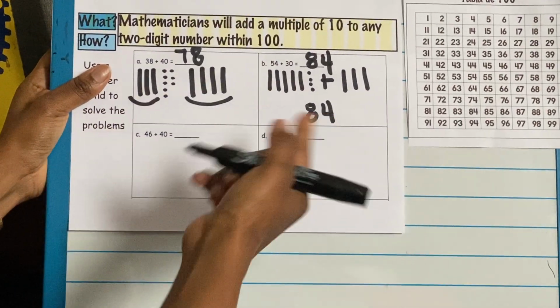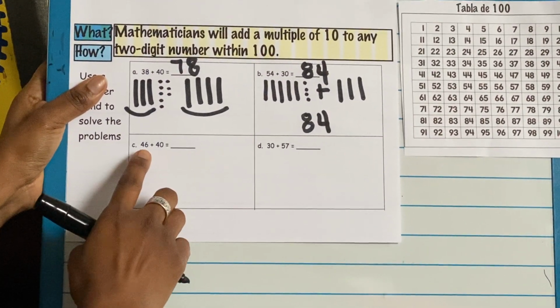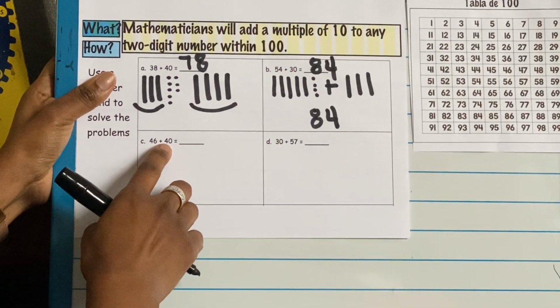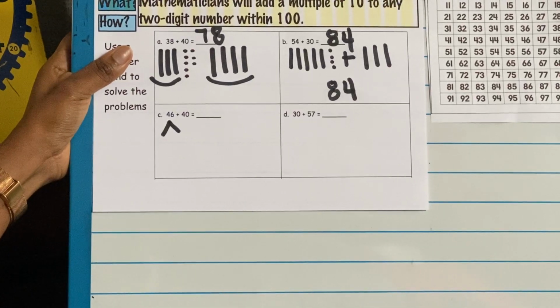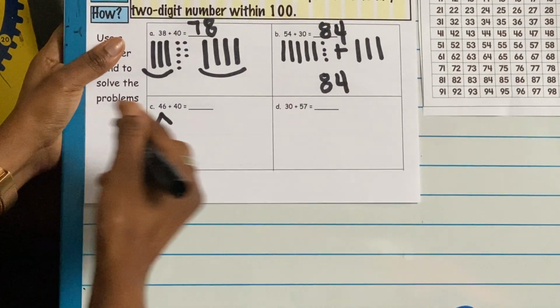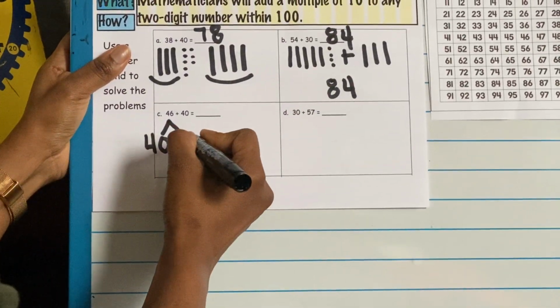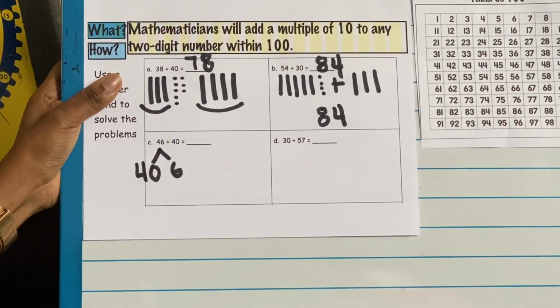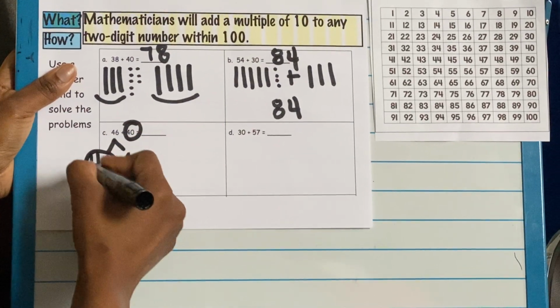For the other problems, we can just do a number bond. Don't just use number bonds for all of them. Use different strategies. So let's see, we have 46 plus 40. So we can break the 46 into what? Let's break it into tens and ones. You got it. 40 plus 6. So we can add this 40 and this 40.